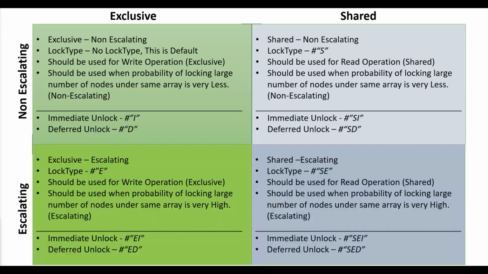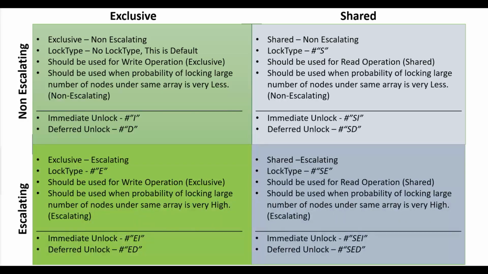Fourth pair is shared escalating. We need to specify lock type #se while locking or unlocking. Since this is shared, it should be used only where we are performing a read operation. Since this is escalating, it should be used only where the probability of locking a large number of nodes under the same array is very high.